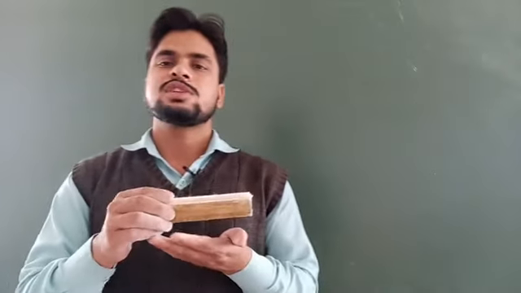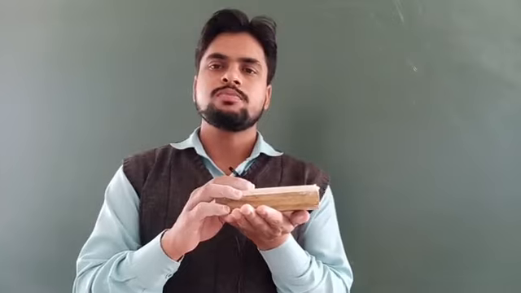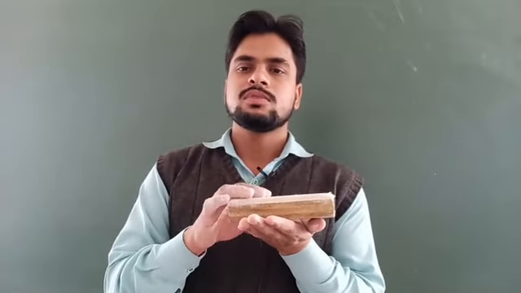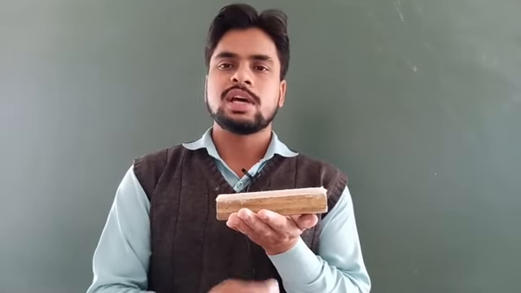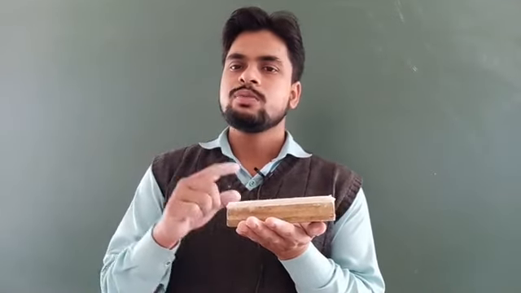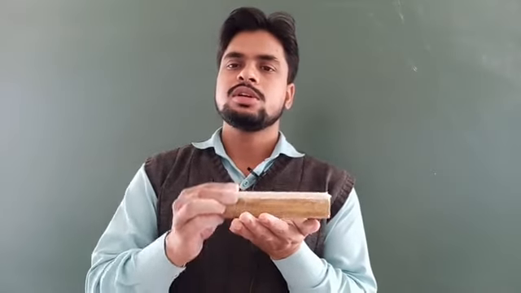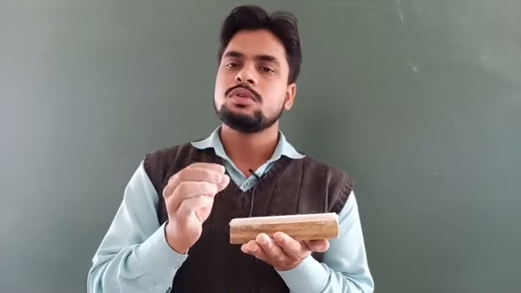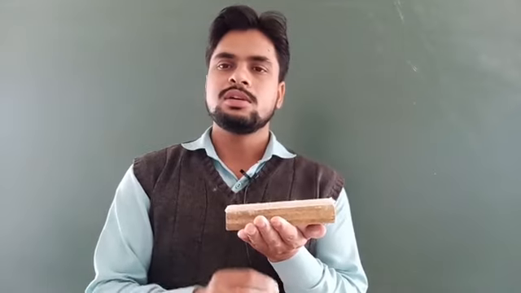The first situation here we have, suppose this is the duster, which is placed here. At this time, the force of gravity on this duster is acting in the downward direction. If we have to displace the duster from this position to here, then we must work against the force of gravity which is acting downward.